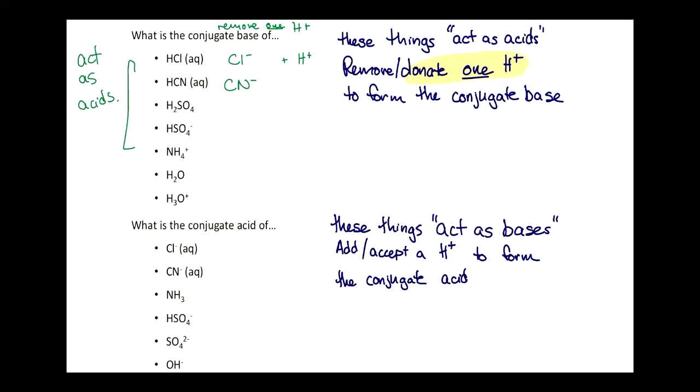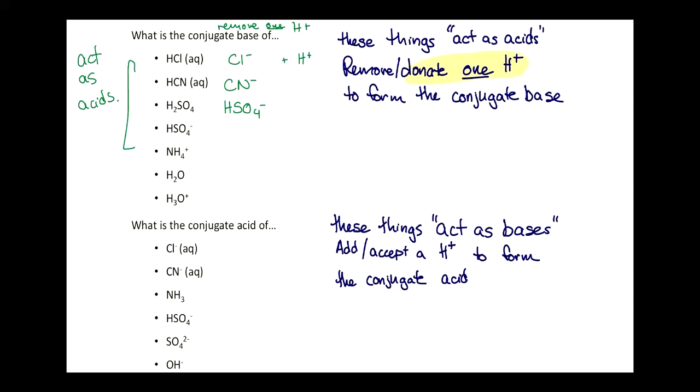All right, H2SO4. Again, we're only going to rip off one H plus. We're not going to rip off both, just one. So what's left over is HSO4, but what's the charge? Minus 1, yeah. But if you note here, we ripped off one proton off of sulfuric acid, but isn't there still one more?